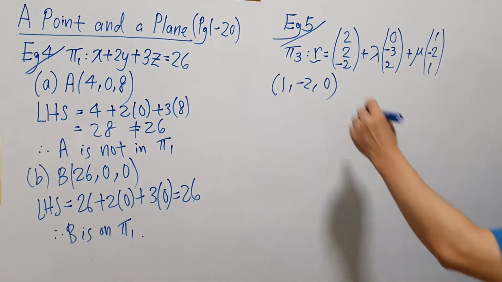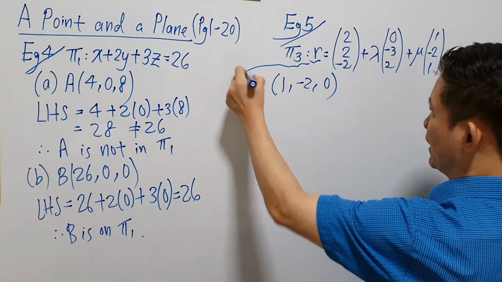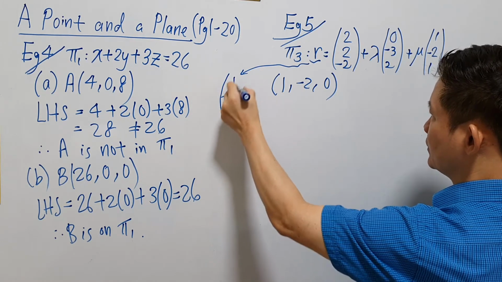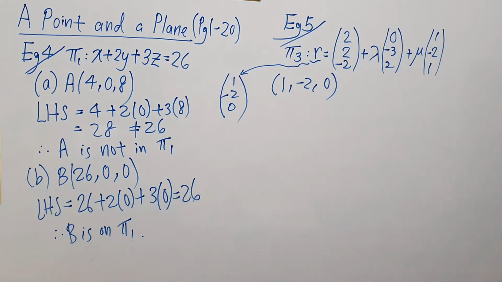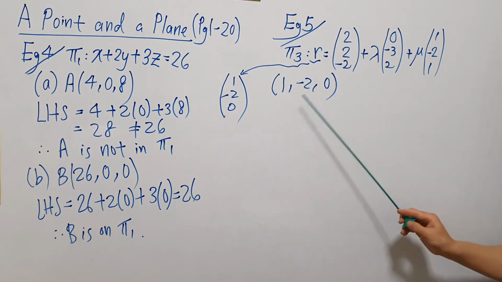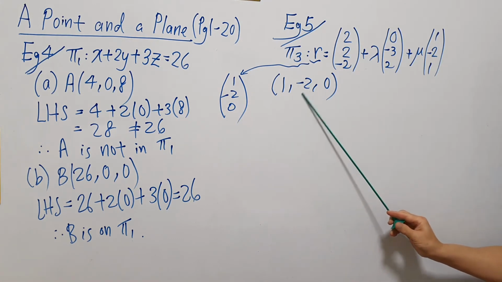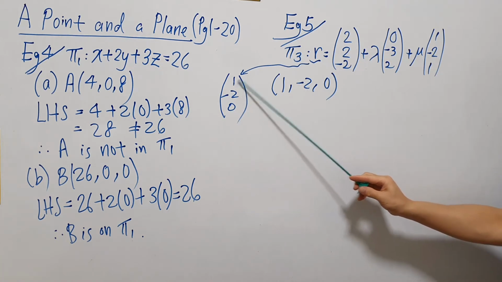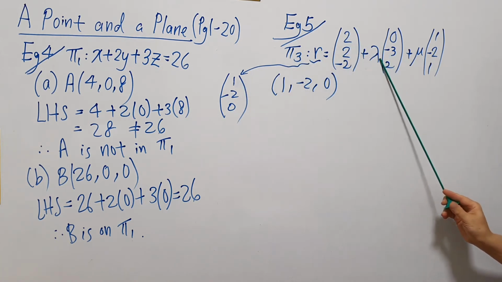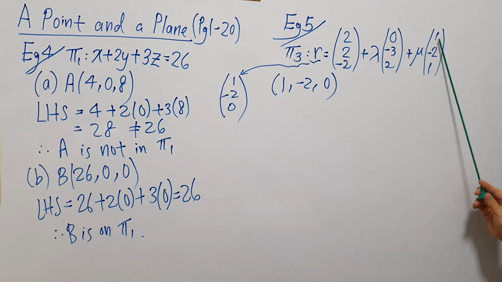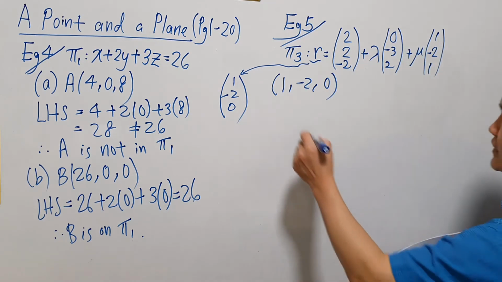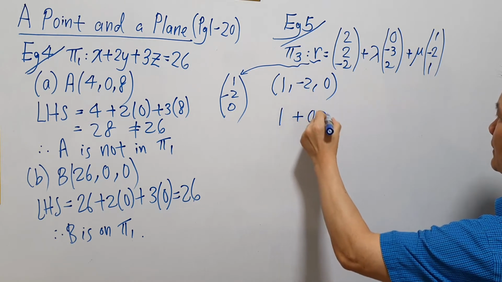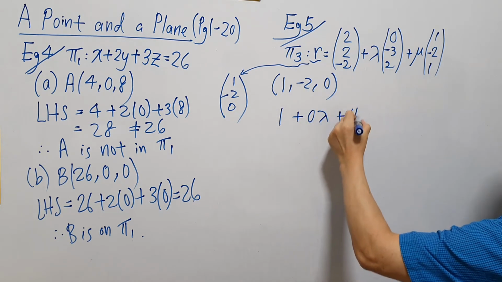We want to replace this vector r with this point, 1, minus 2, 0. By replacing this vector r with the position vector of this point, we can then form three equations. What are the three equations? 1 equals 2 plus 0 lambda plus 1 mu, so I'm going to write this as 1 plus 0 lambda plus mu is equal to 1.